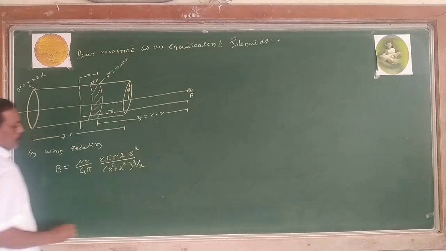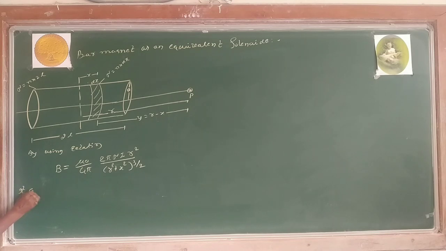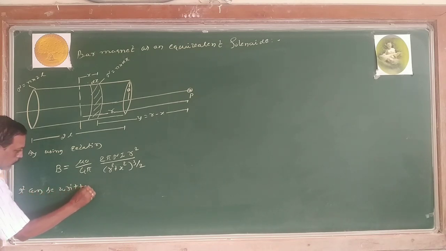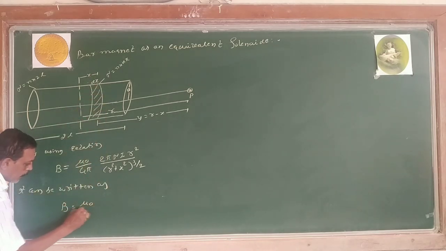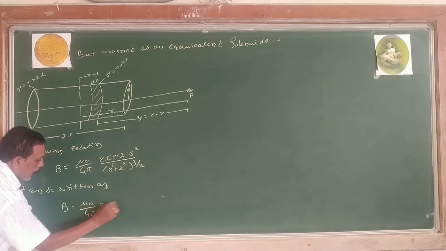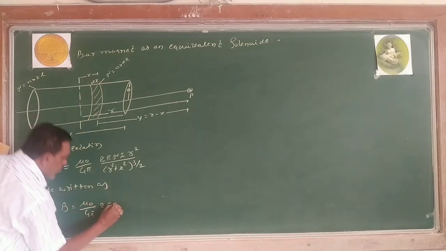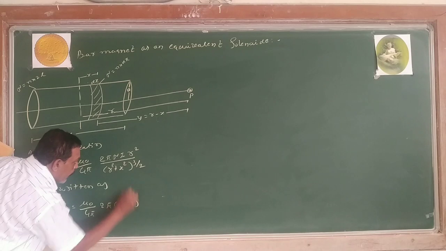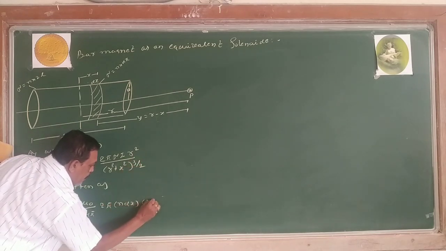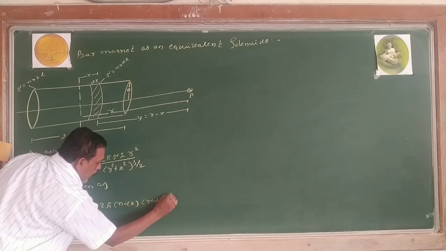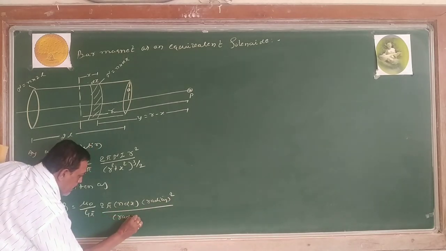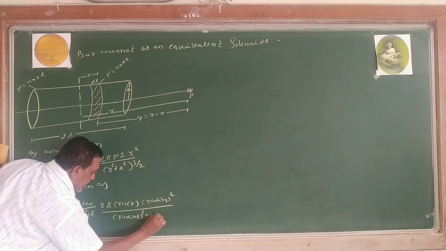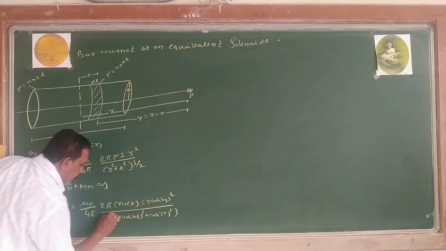It can be written, according to my figure, with N equal to n into dx, a is the radius, divided by radius square plus distance square to the power 3 by 2.